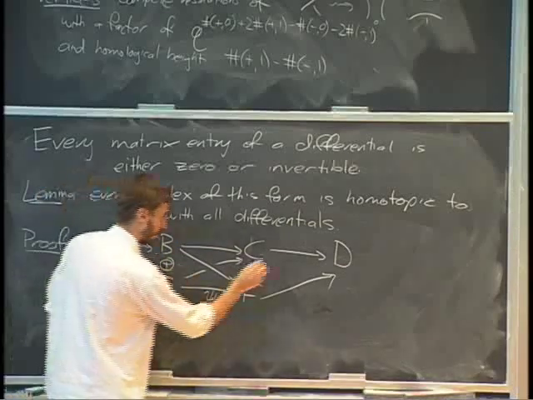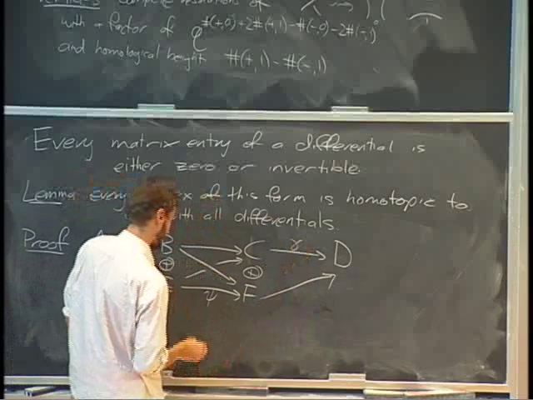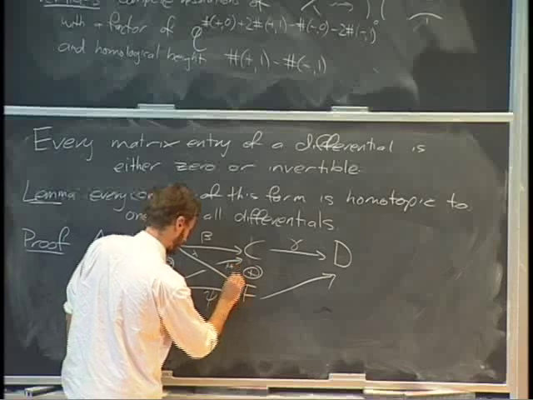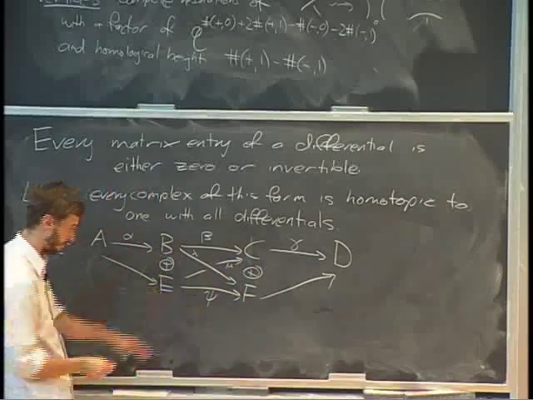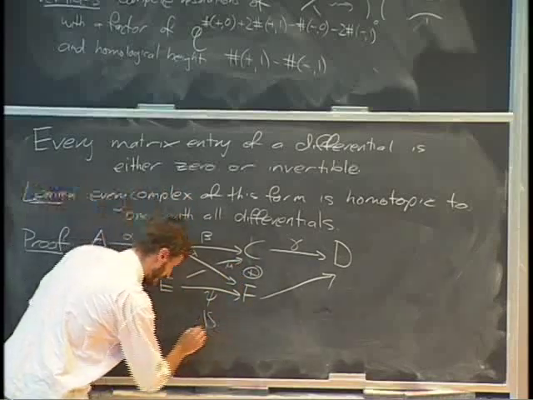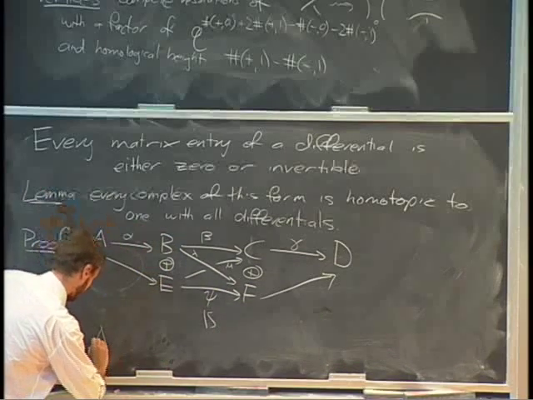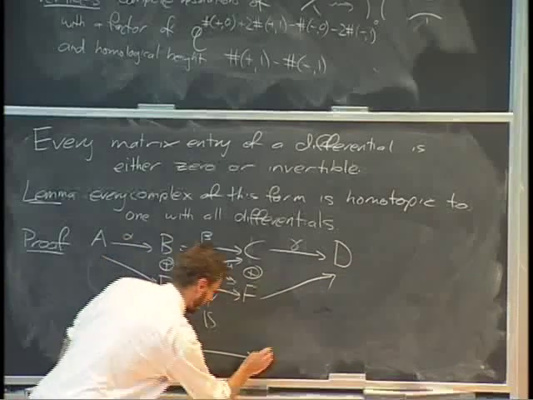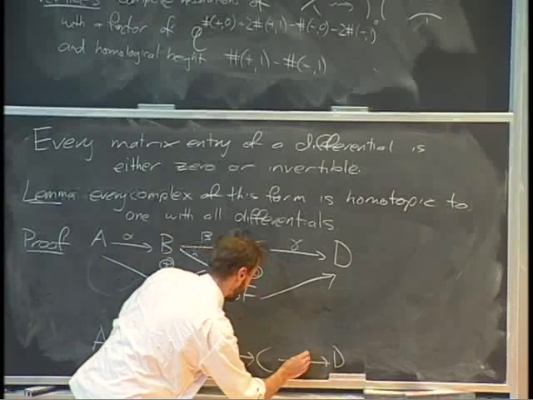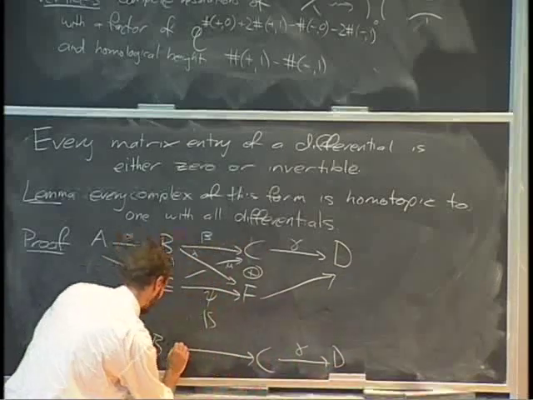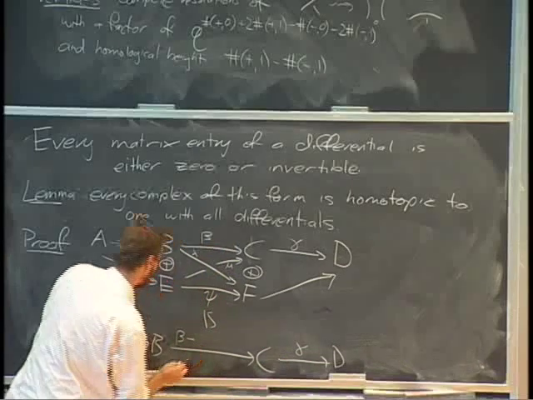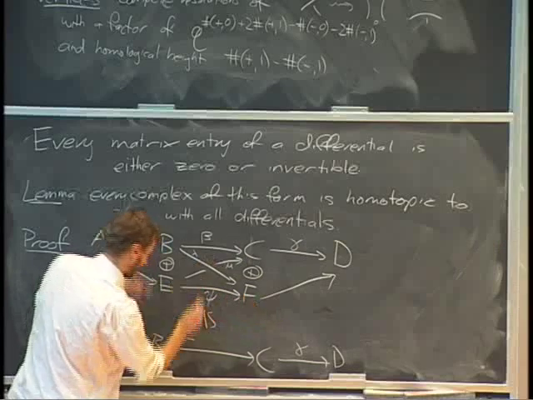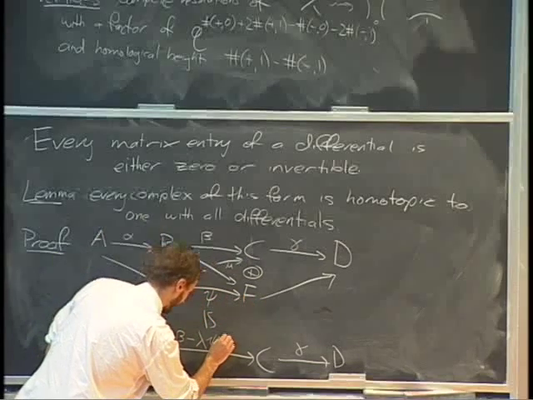Let me label some of these other maps. Any complex of this form where there's something invertible is homotopic to the following slightly smaller complex. And here we just put beta minus. What can we do? We can follow lambda, then C inverse, then mu. So that must be it.